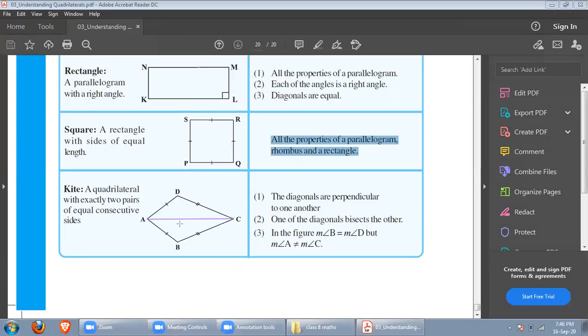That means this diagonal AC divides the kite into two congruent halves, because AB equals AD, BC equals DC, and AC is common to both. So you can apply the SSS congruence theorem and say that both triangles are congruent. So AC is the line of symmetry.